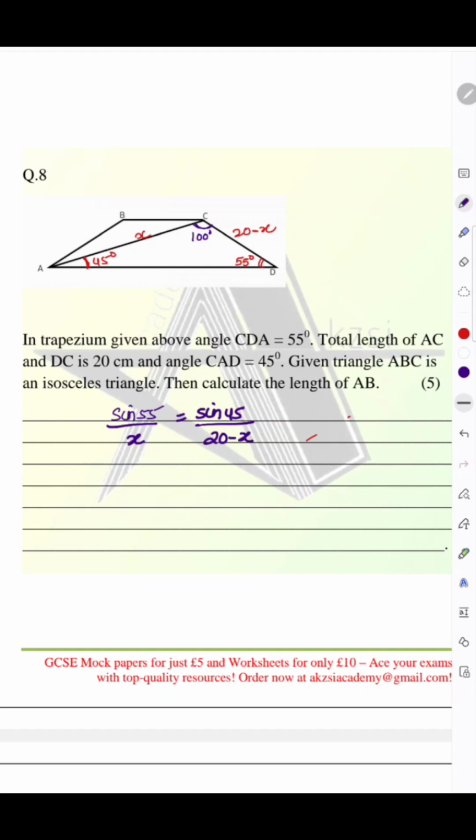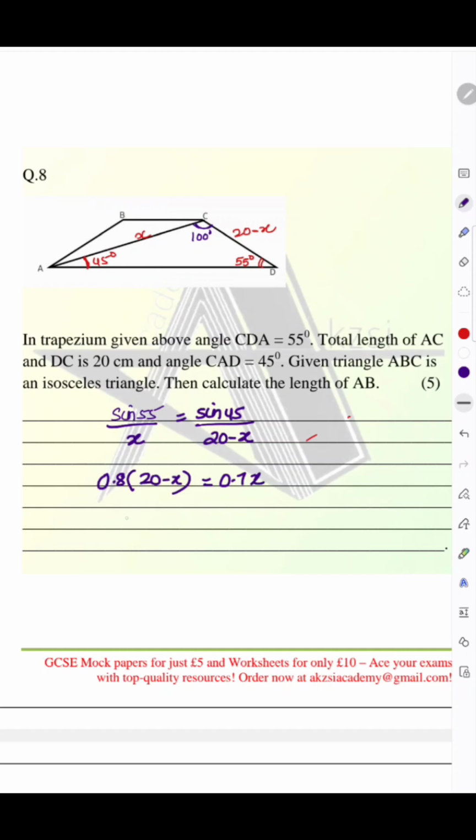Now sine 55 is 0.8191, so let me take 0.8. So 0.8 times, I'm just cross multiplying, so 20 minus x will go there, and sine 45 is 1 over root 2, which in decimal I can just round off to 0.7x.